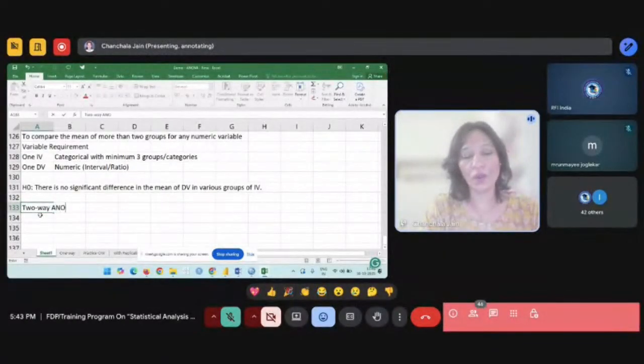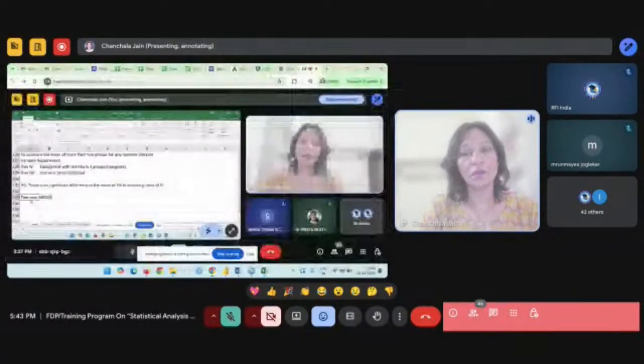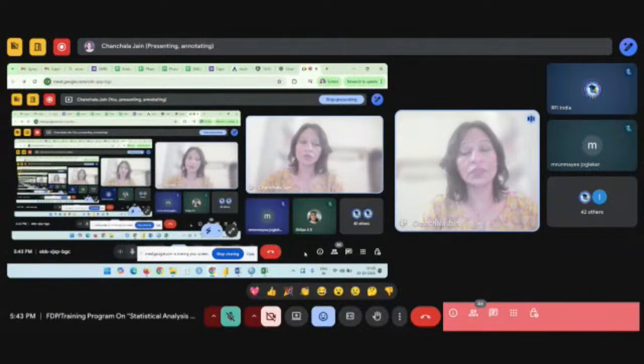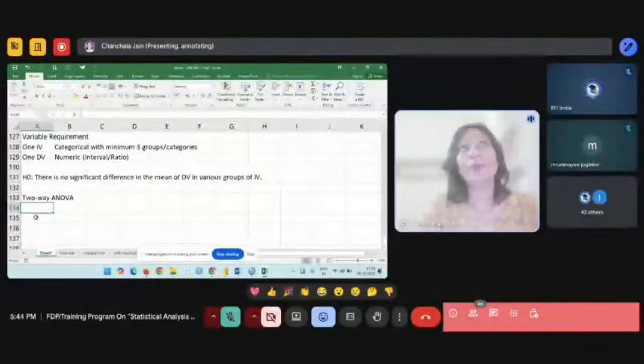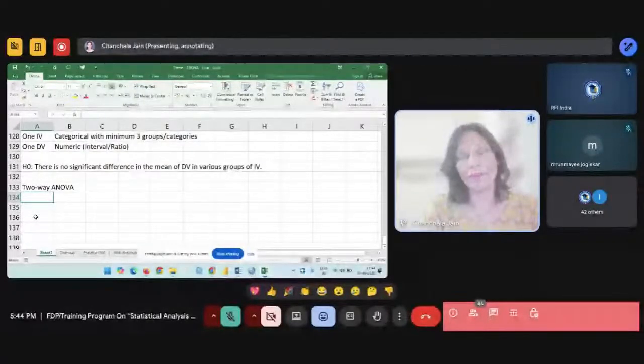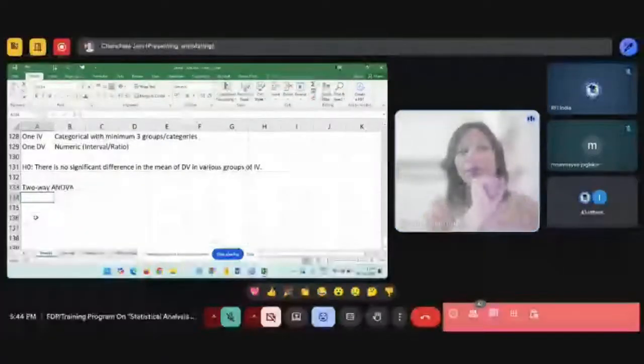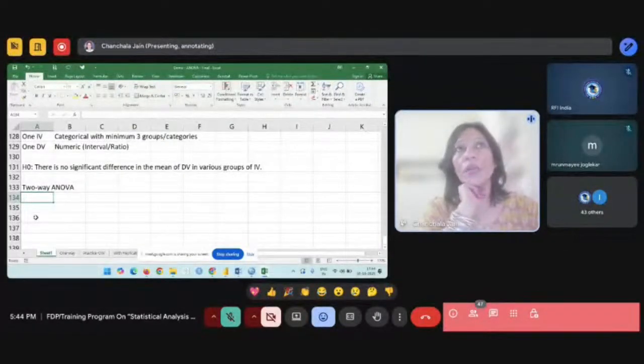Sorry, which is two-way ANOVA. Two-way ANOVA means I'm having 2 categorical variables, right? I already explained the concept of cross tabulation or contingency tables.